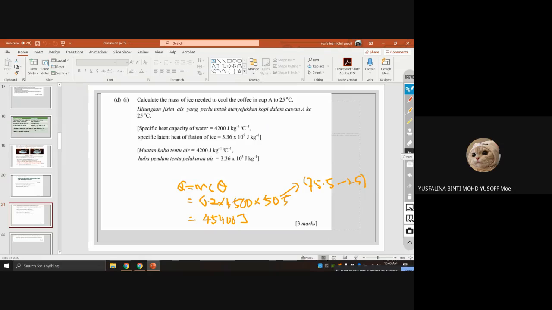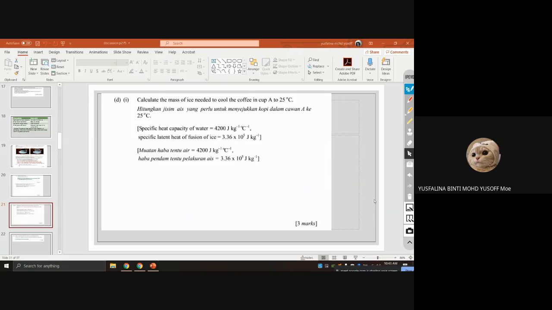Calculate the mass of ice needed to cool the coffee in a cup to 25 degrees Celsius. Here they give you the specific heat capacity of water and also the specific latent heat of fusion of ice.